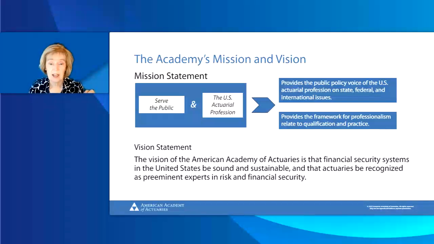And the vision of the Academy is a future where the financial security system in the U.S. is sound and sustainable, and actuaries are recognized as preeminent experts in risk and financial security. So notice that everything we are and we do is focused on the U.S. and the actuarial profession in the U.S.